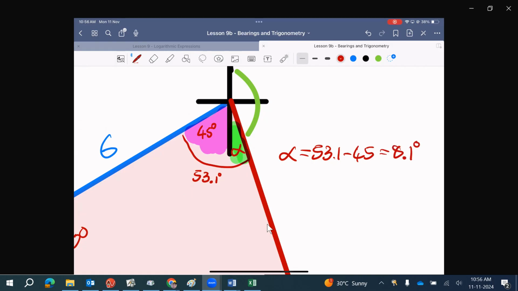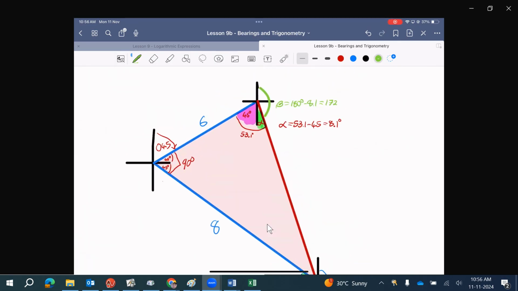So our bearing here, which is this angle there, is going to be 180 minus 8.1, which is 172.